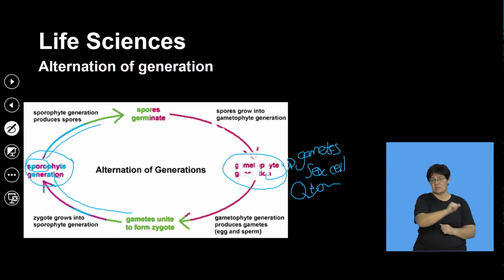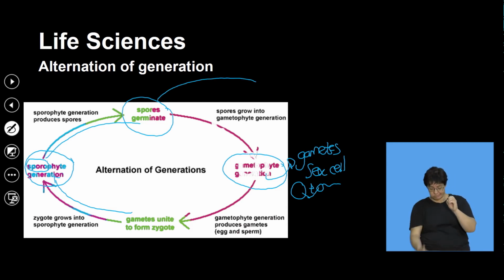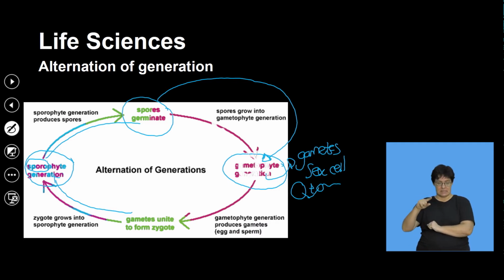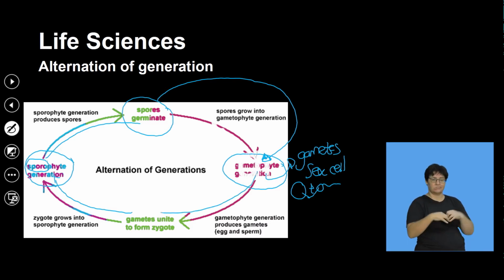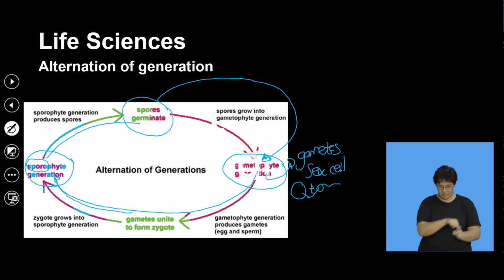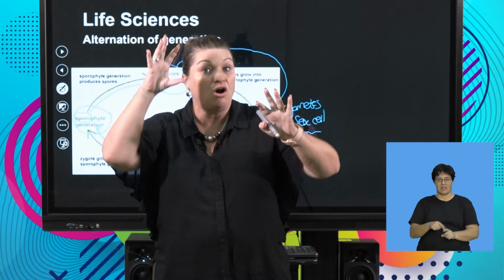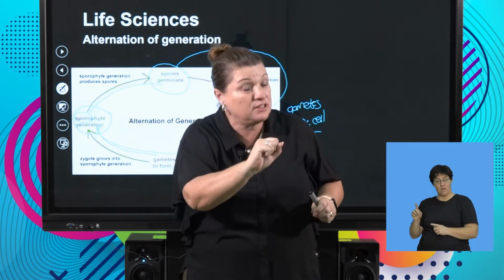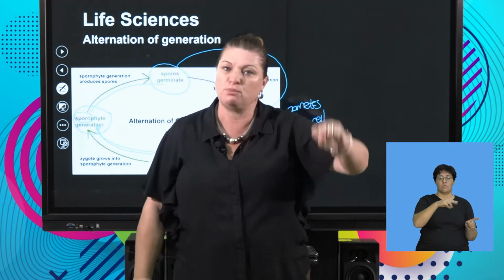That is the generation that makes spores or seeds. Those seeds fall to the ground, and what do they give rise to? A gametophyte generation. The gametophyte has gametes, the gametes fuse, and we have a sporophyte. So it's this continuous cycle of the gametophyte of the plant and the sporophyte of the plant.